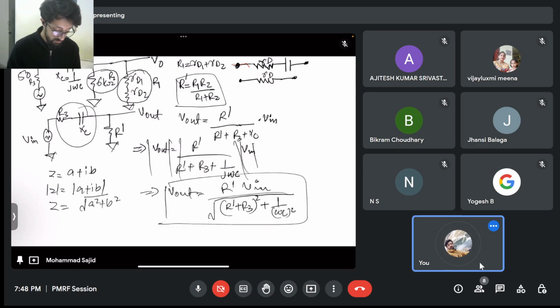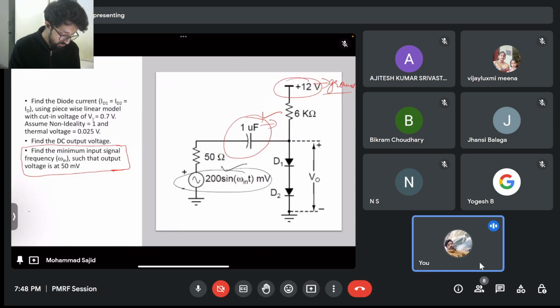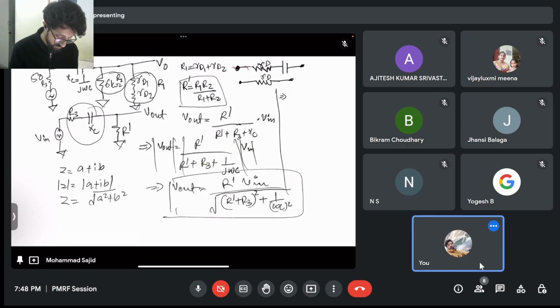The question says that the output voltage is 50 millivolt. So V output is known to you, V input is known to you, the magnitude.